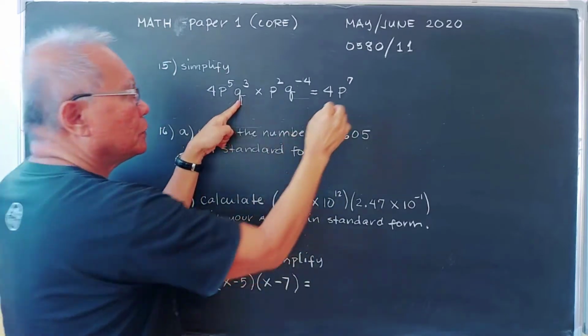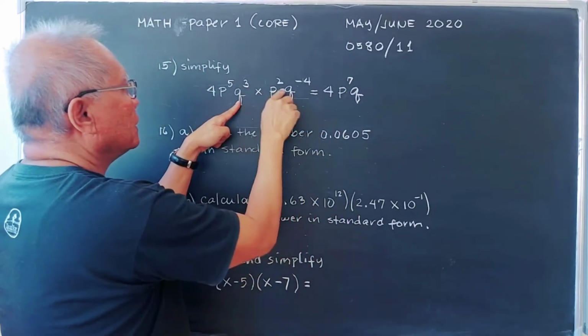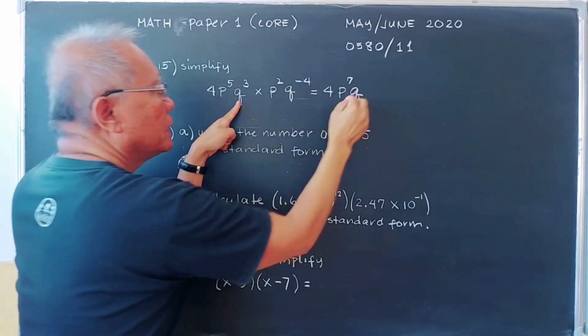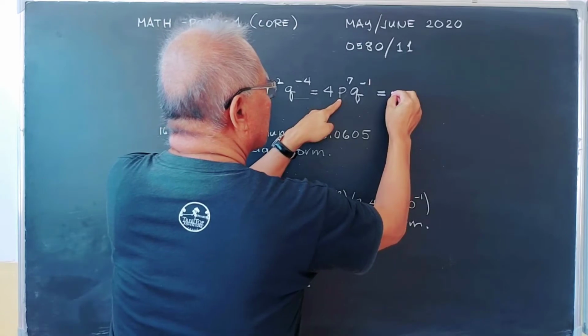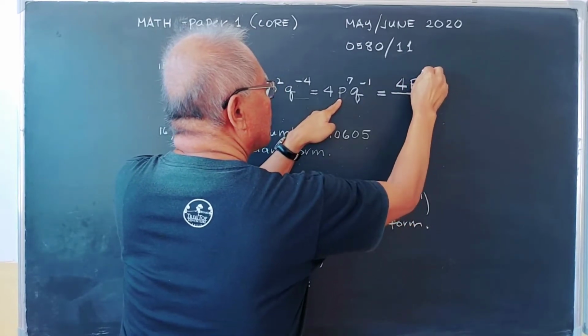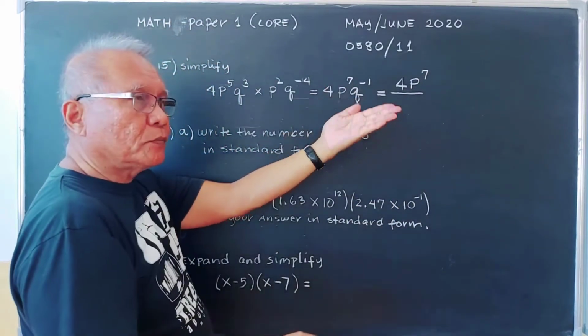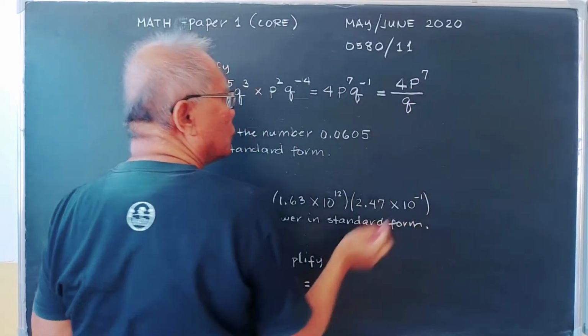We have the q, and 3 minus 4 is negative 1. So we have 4p to the 7, and then we put q down, so over q.